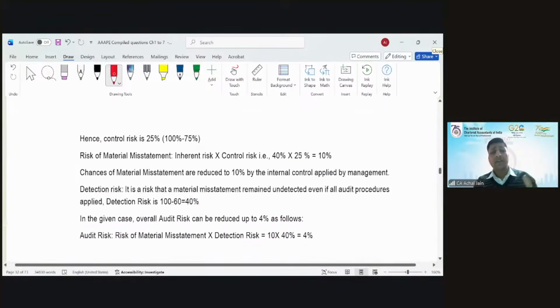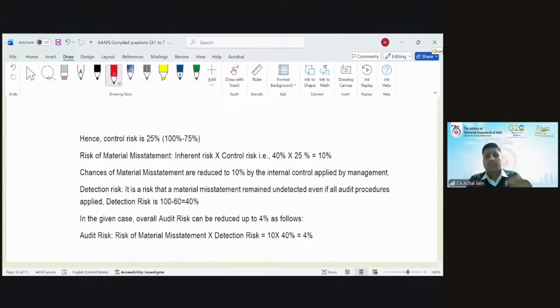In this case, control risk is 25%. Why? Because if the prevention can be done to the extent of 75, then 25 can't be done. So that's the control risk. The risk of material misstatement is inherent risk and control risk, so that is 10% for us. So chances of material misstatement are reduced to 10% only by the internal controls applied by the management. That is the first part.